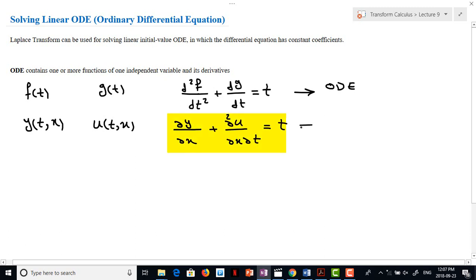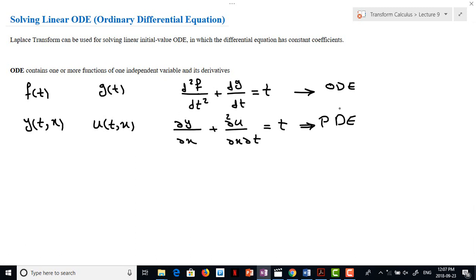This guy, because we have two variables t and x, is a PDE. So Laplace transform is just used for solving ODE. And what ODE? ODE with constant coefficients.